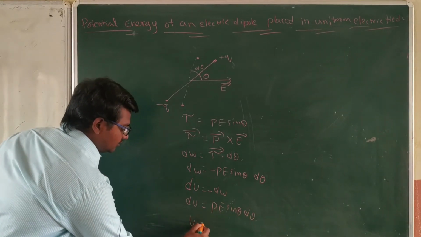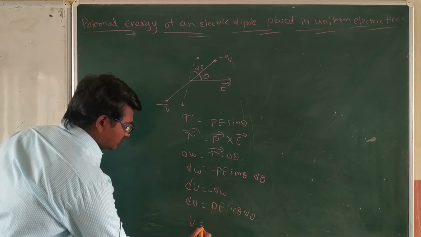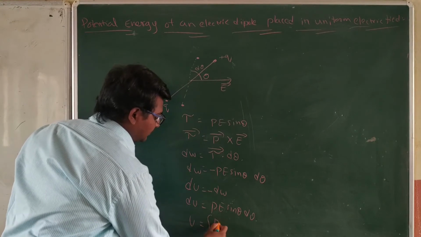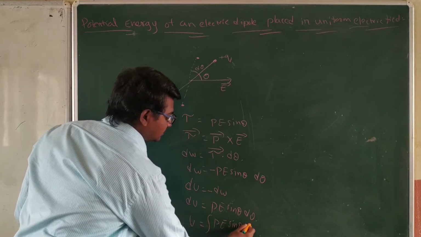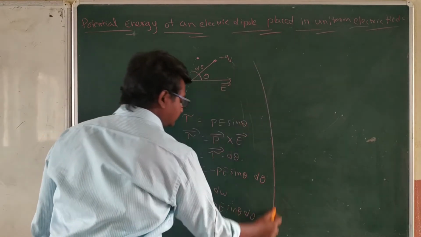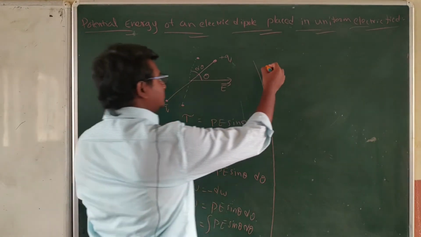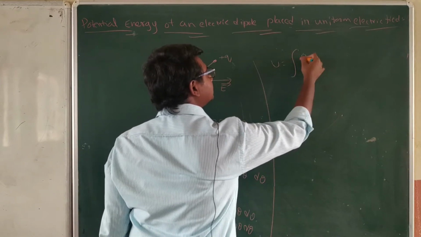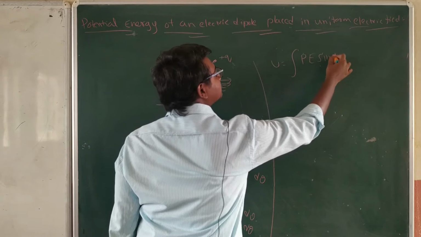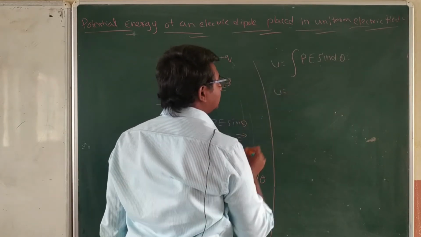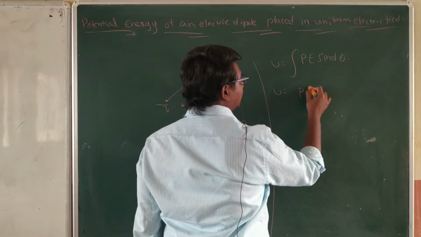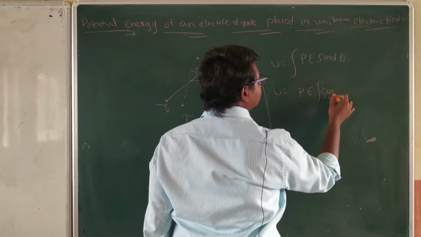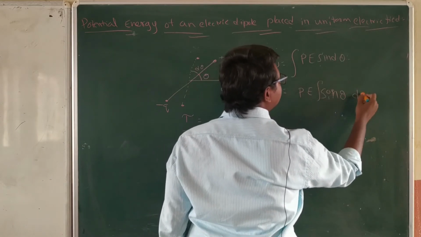Then U is equal to the integral of PE sin theta d theta. P and E are constants, so U is equal to PE times the integral of sin theta d theta.